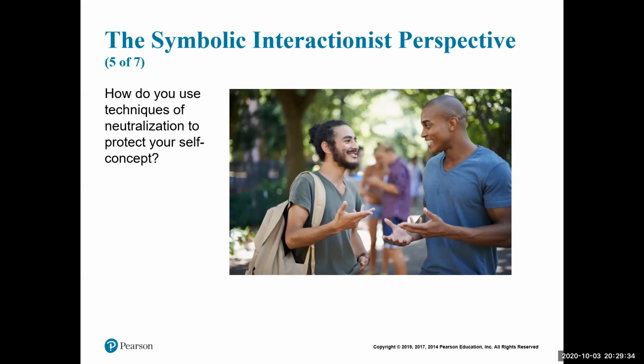We don't want to be hurt, and we don't want to let our guard down too quickly. So we use techniques of neutralization. It's the way we rationalize, how people deflect or neutralize society's norms. It's how we neutralize the aspects of things, right?